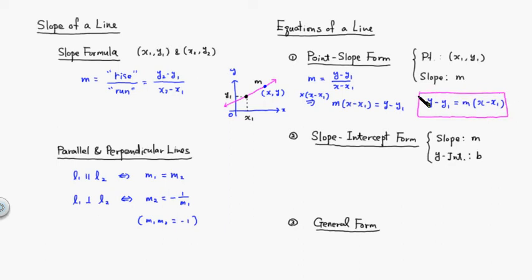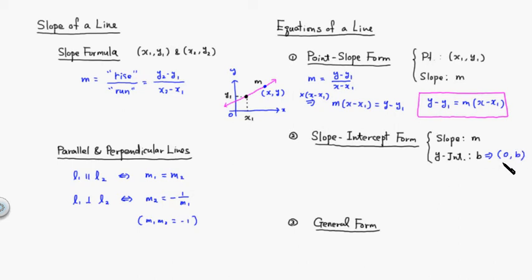Number two, slope-intercept form. You might be more familiar with this one than the first. If you know the slope m and also the y-intercept b, then the line goes through the point 0, b.